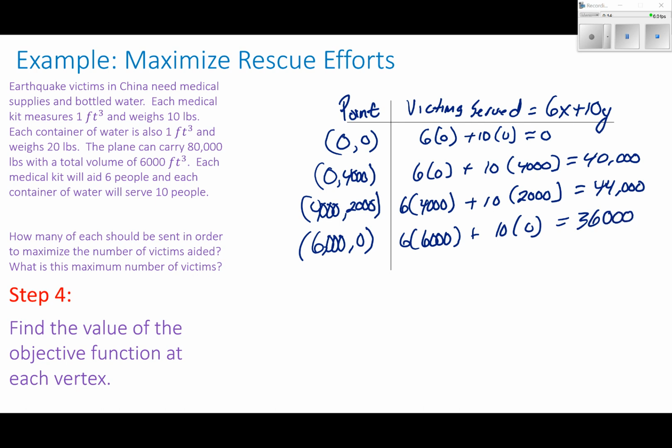So again, we are trying to maximize. Looking at these points, this was the maximum value. So the maximum number of victims served is going to be 44,000 victims.